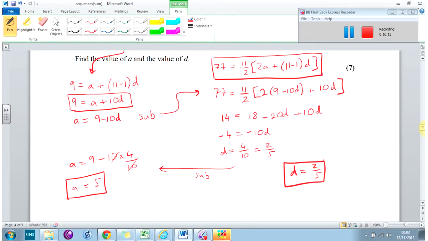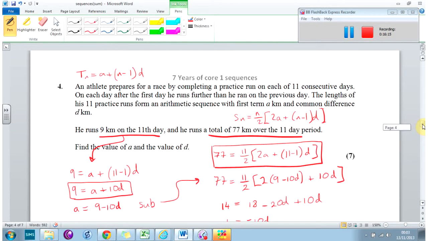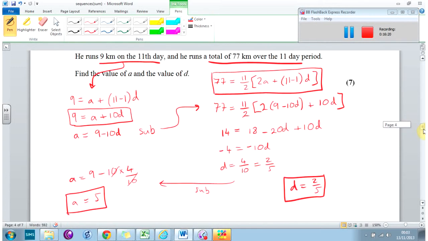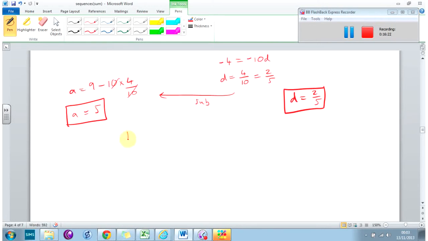Now, you might be a little suspicious, like me, in which case you'd want to check. I'm not going to check both of them, but it's 9 kilometres on the 11th day. So on the 11th day, T11 is a plus n minus 1 d, which is 5 plus 10 times 2 fifths, which is 5 plus 10 times 4 tenths.